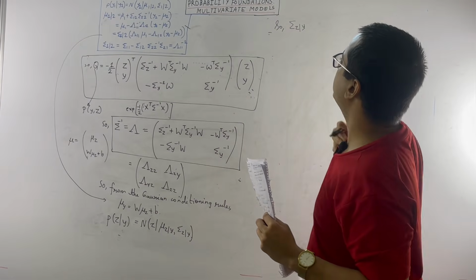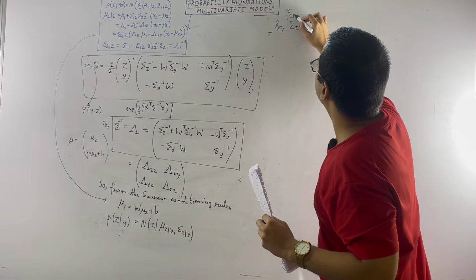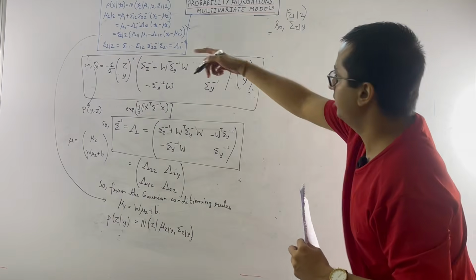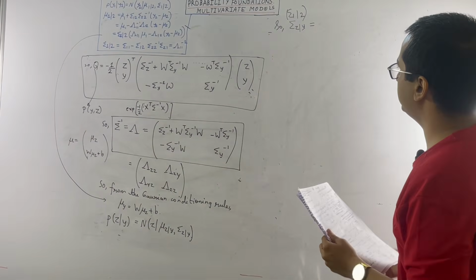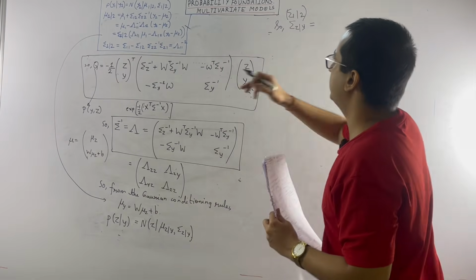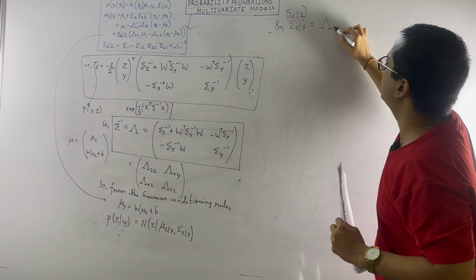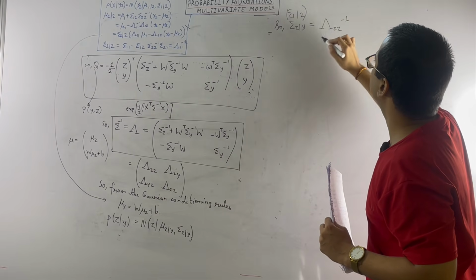You can think of it as sigma 1 given 2, where z is 1 and y is 2. See the notation. So sigma 1 given 2 is lambda 1 1 inverse, so lambda zz inverse.